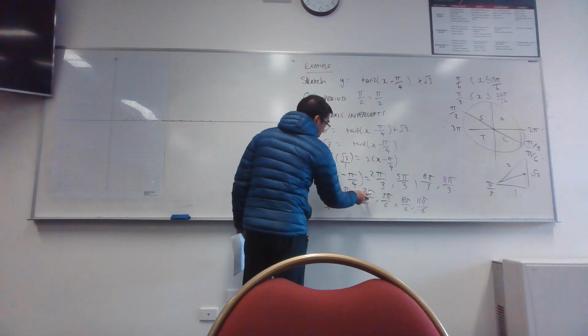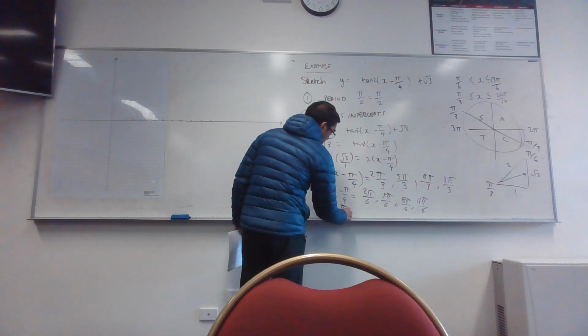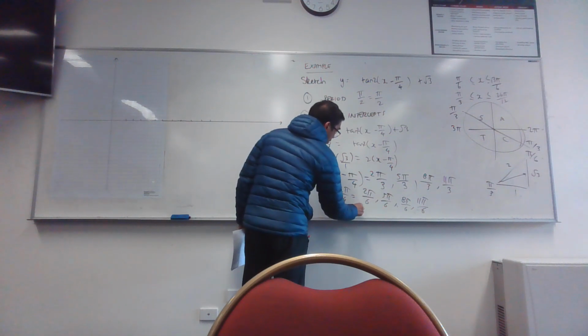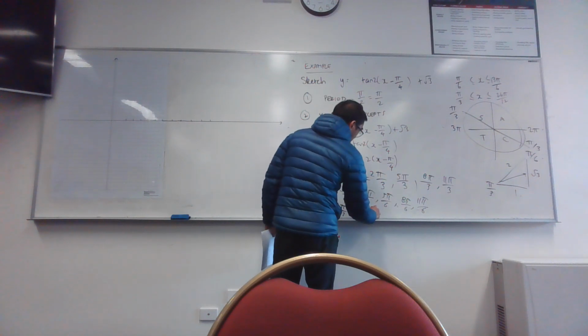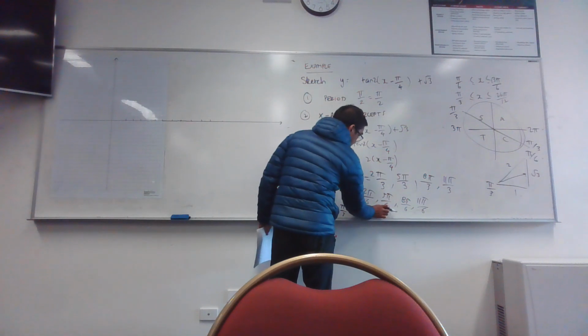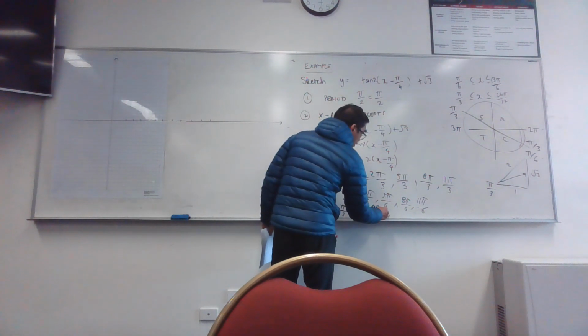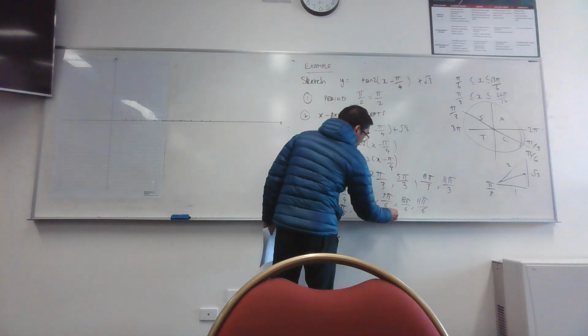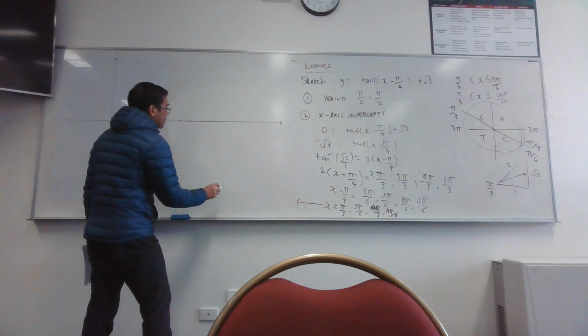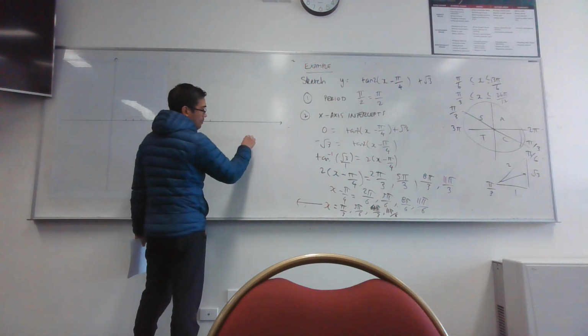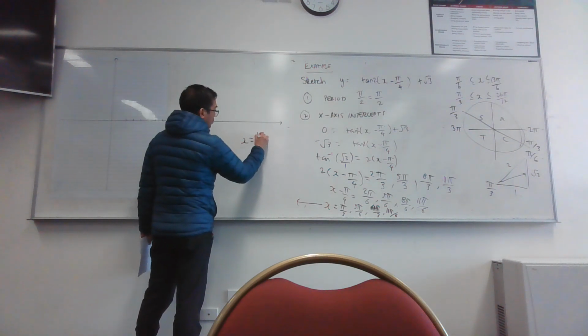So I'm just going to simplify these where I can. 8 pi on 6 should be 4 pi on 3. 11 pi on 6 I can't change. Then I'm going to add. There's a lot of fraction work here.